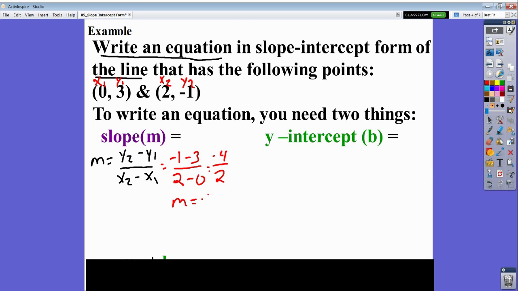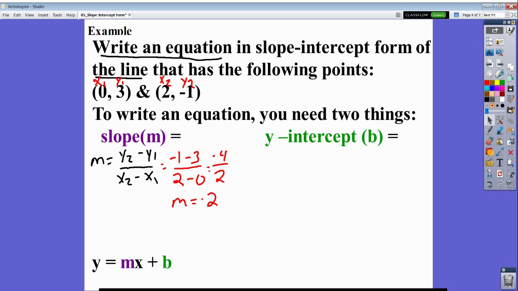So we know m is -2. Remember, m represents the slope. So when we go to our final answer, it's going to be y equals -2x, and then all we need to do is find the b.